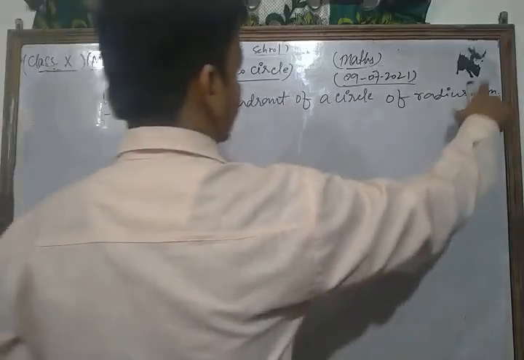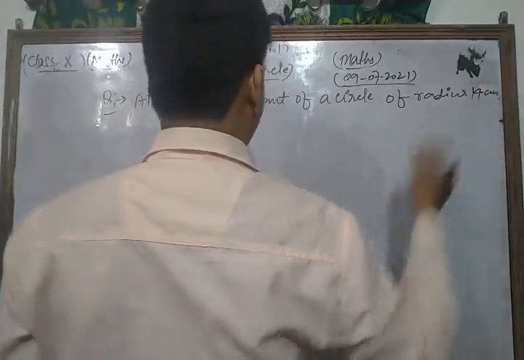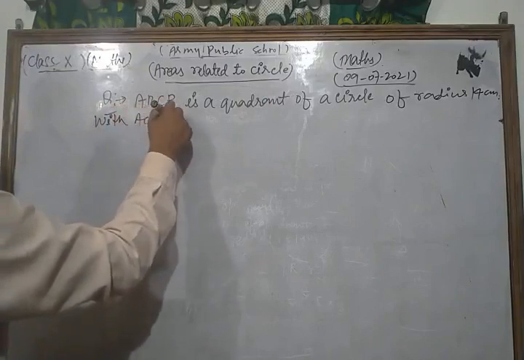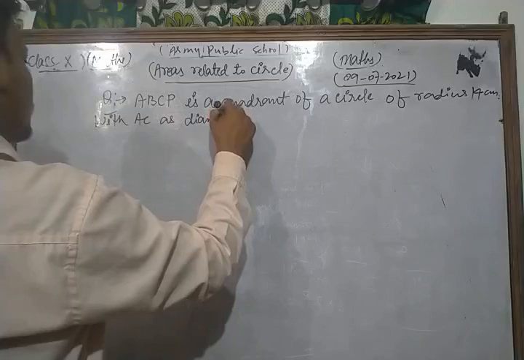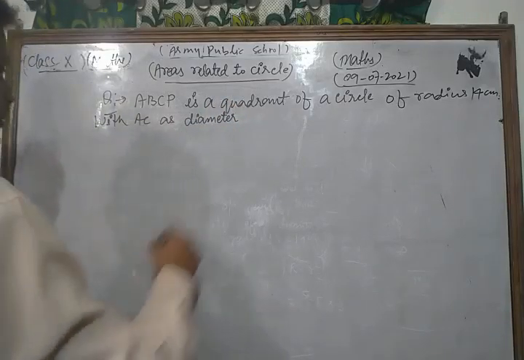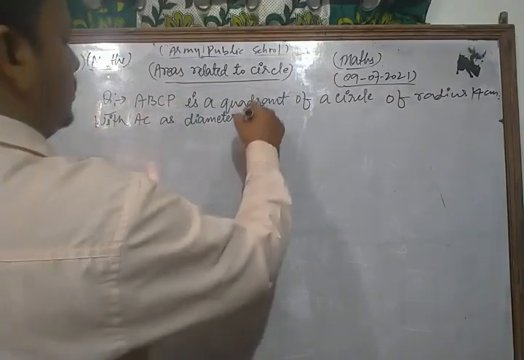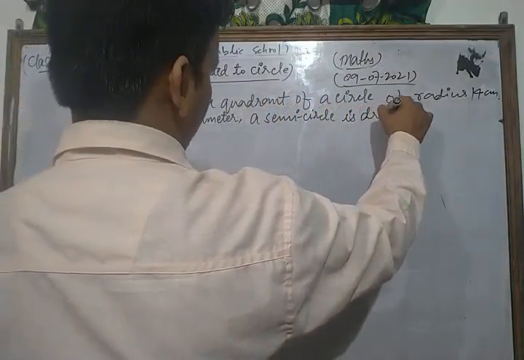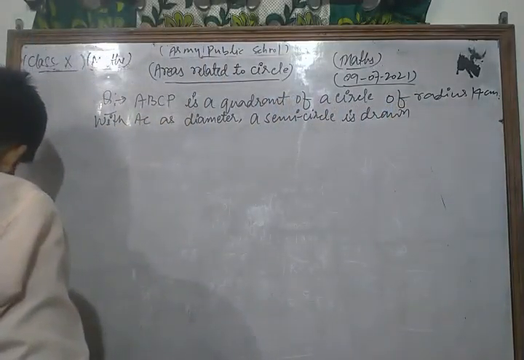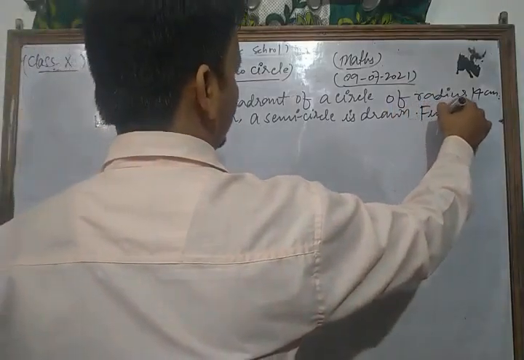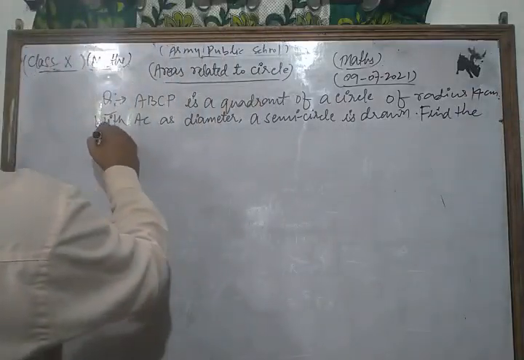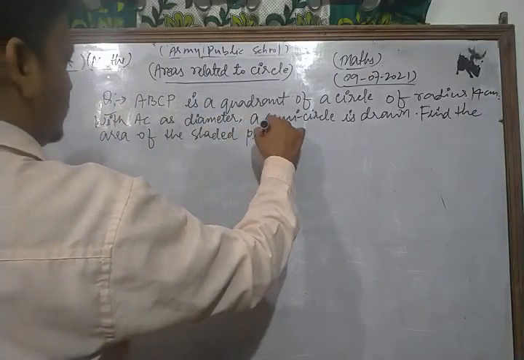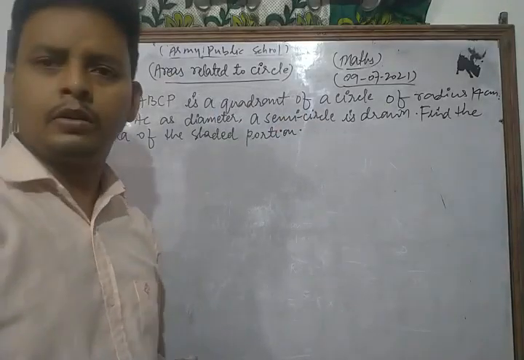With AC as diameter, a semicircle is drawn. Find the area of the shaded portion.